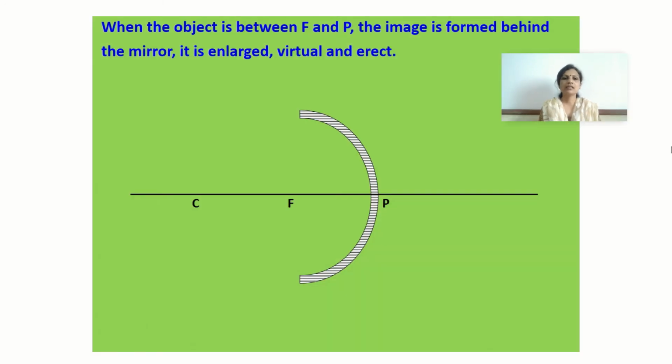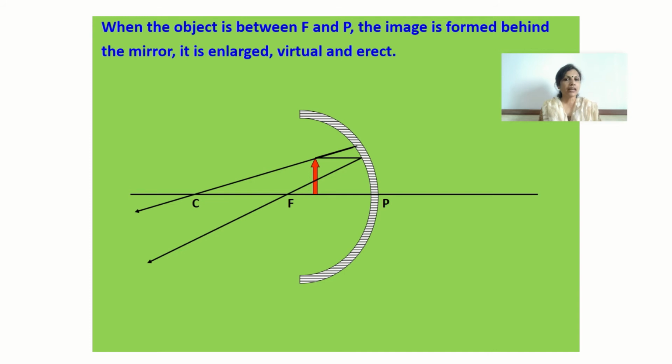Then the next is when the object is between focus and pole. Please pay attention here, this is a very important figure. Let's apply the rules. First, parallel to principal axis, after reflection passes through focus F. Second ray, we will make use of this, that when the ray of light passes through center of curvature, it retraces the same path. Again in this case, if you observed, both the reflected rays are not meeting at any point.